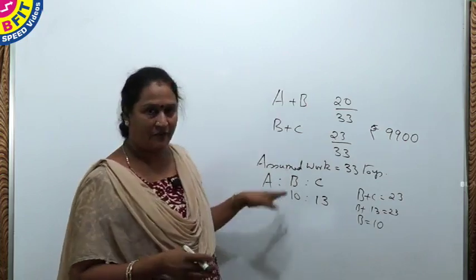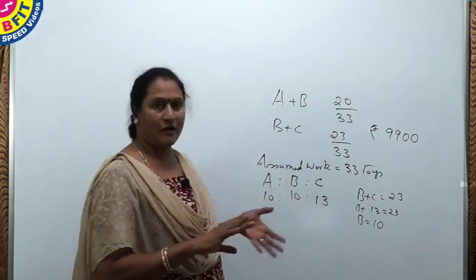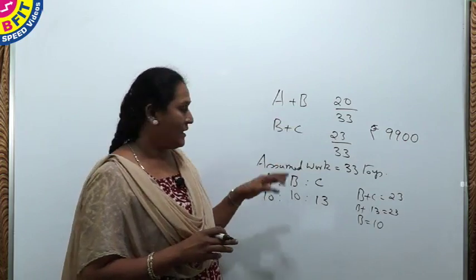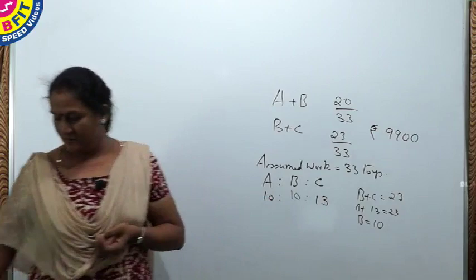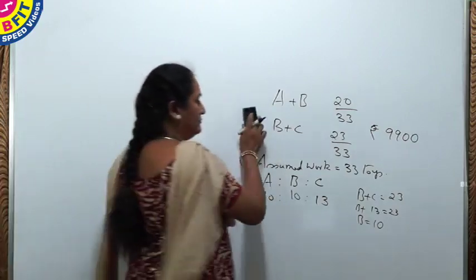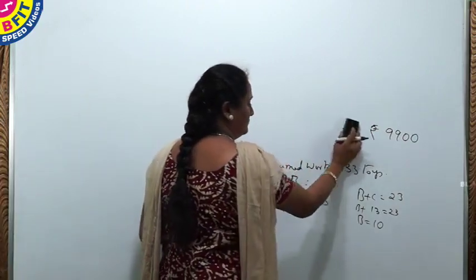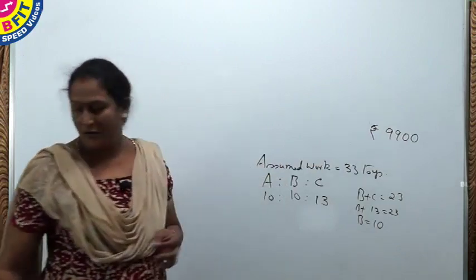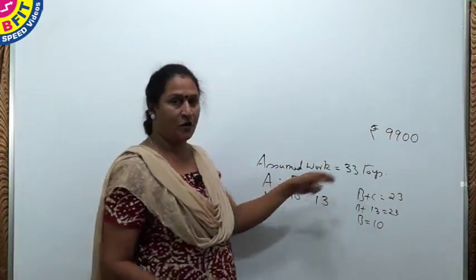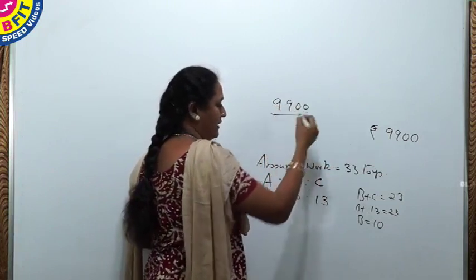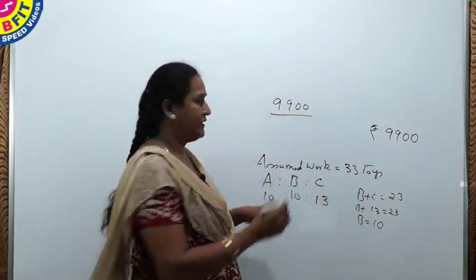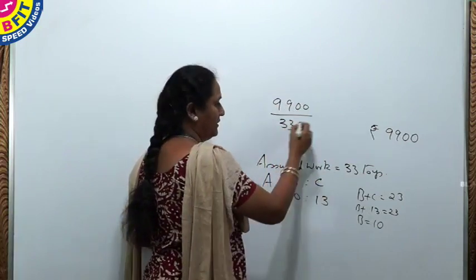Now according to the work done they will be paid, and the wages can be shared accordingly. The total amount given for these 33 toys is 9,900, divided by 33, the total work.